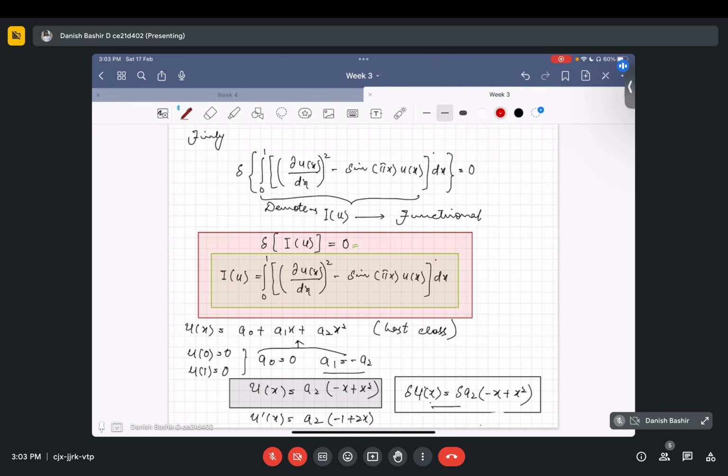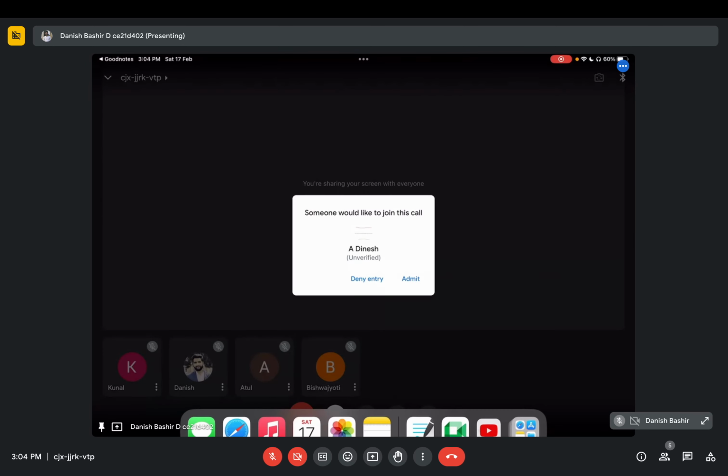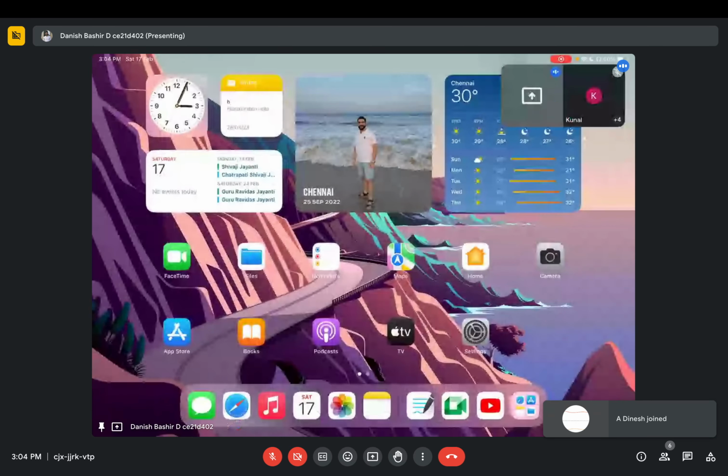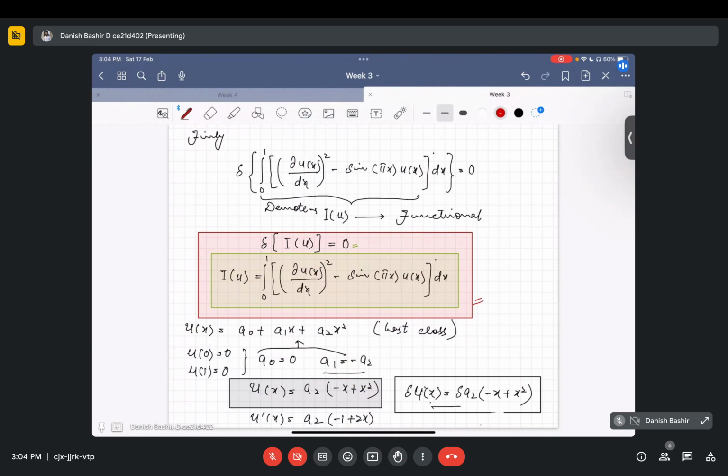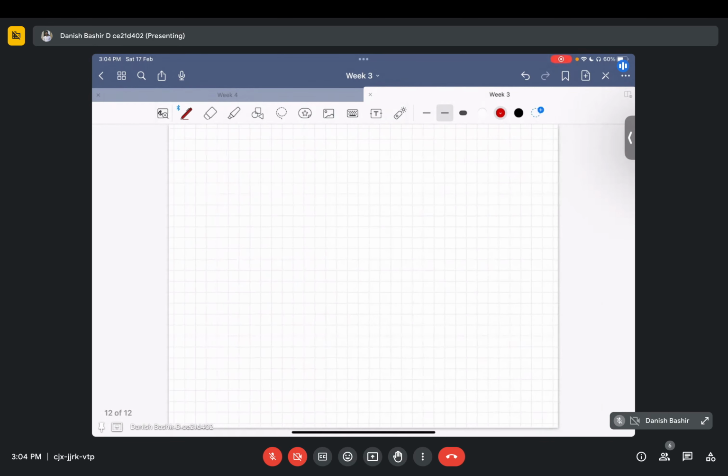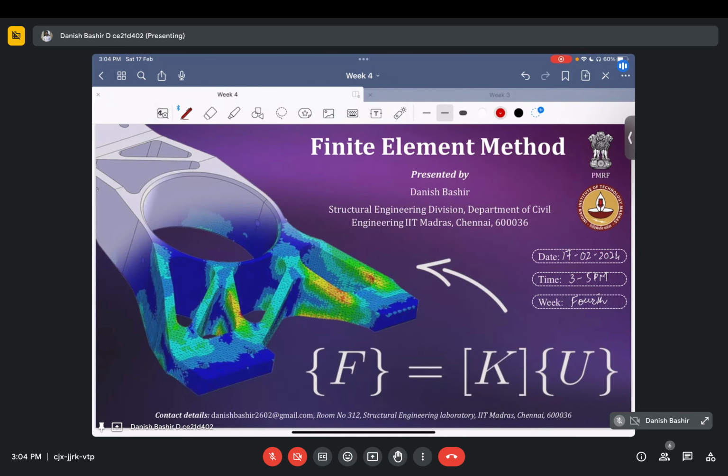We then minimize it with respect to the unknown parameters and get the value of those unknown parameters that we assumed in our trial solution. I also mentioned in the last class that the accuracy of our solution, that is the closeness to the exact solution, depends upon the number of unknowns or the degree of the polynomial that we choose for our approximate solution.